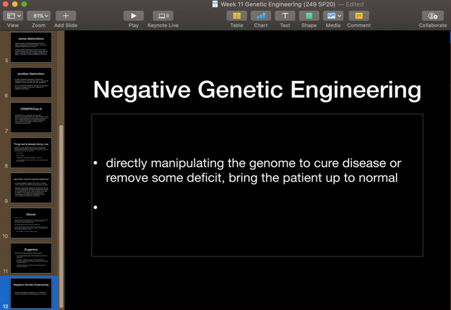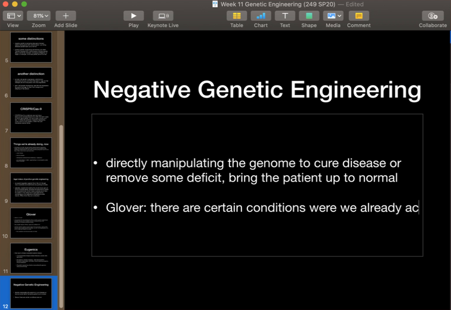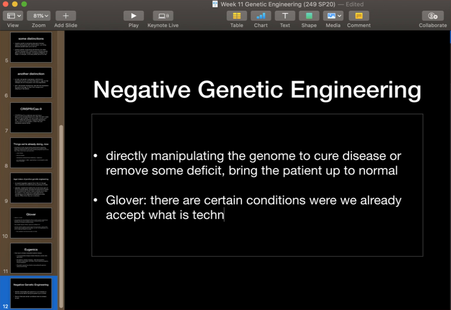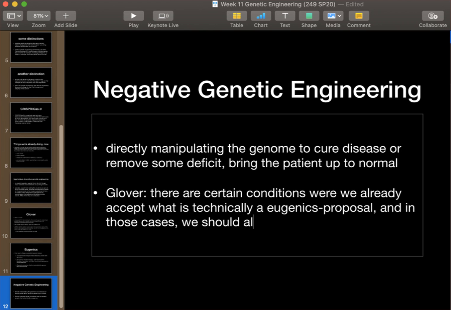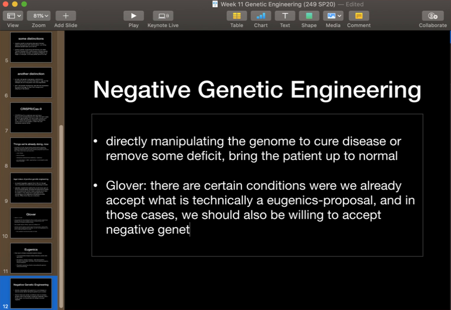And Glover says there are certain conditions where we already accept what is technically a eugenics proposal. And in those cases, we should also be willing to accept negative genetic engineering instead.